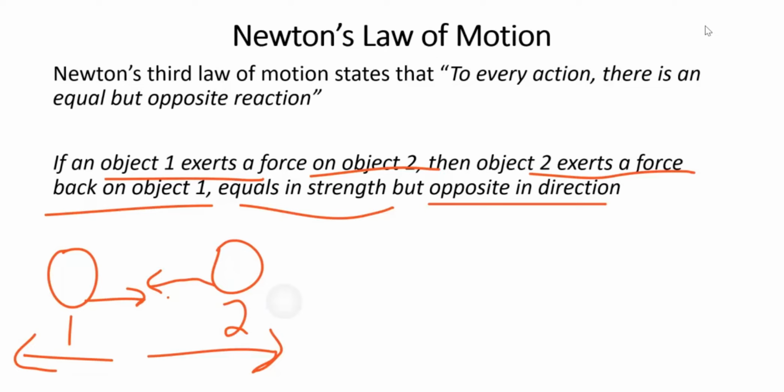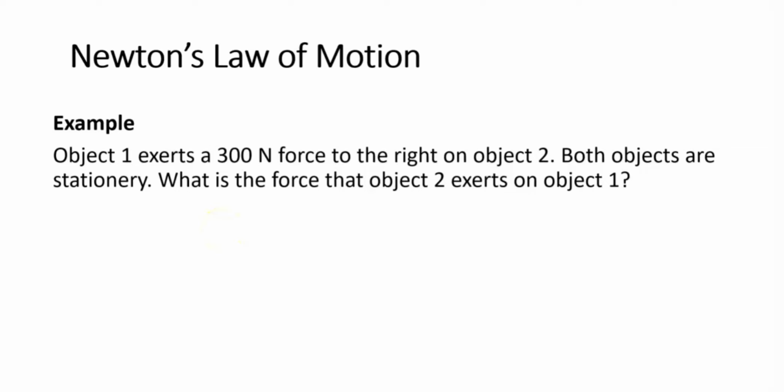Okay. Now let's look at an example of this. An object 1 exerts a 300 Newton force to the right of an object 2. Both objects are stationary. What is the force that object 2 exerts on object 1?